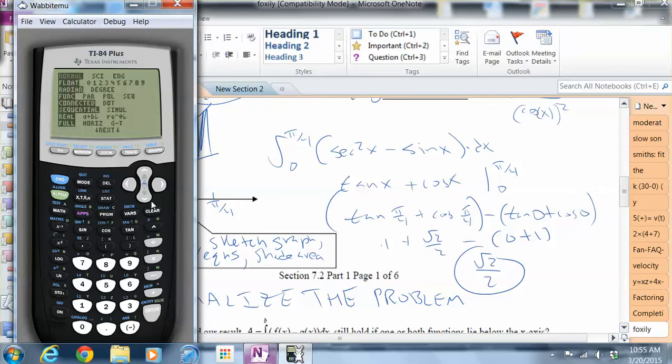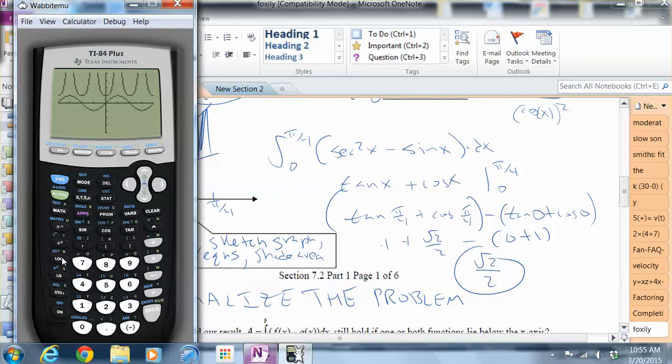Mode: we're in radian mode. And I like to graph in the trig mode, so we'll go z trig. So there's secant. And of course, you see sine.